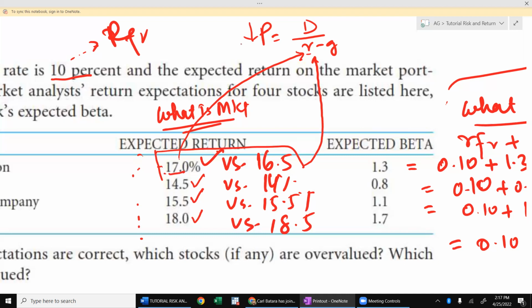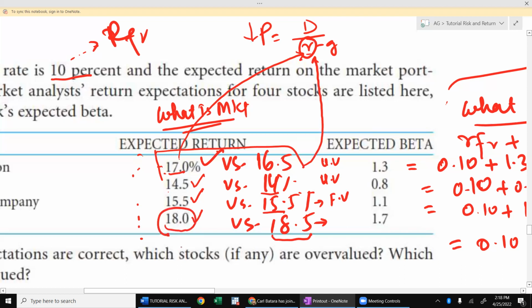In the market, again, they are requiring 14%, higher than what CAPM says, right? So this is also undervalued. CAPM says you should require 15%, but in the market, people are also requiring 15%. So we call this fairly valued. The last one, CAPM says that you should require 18.5%, and you should use RE as 18.5, but people are using 18%.